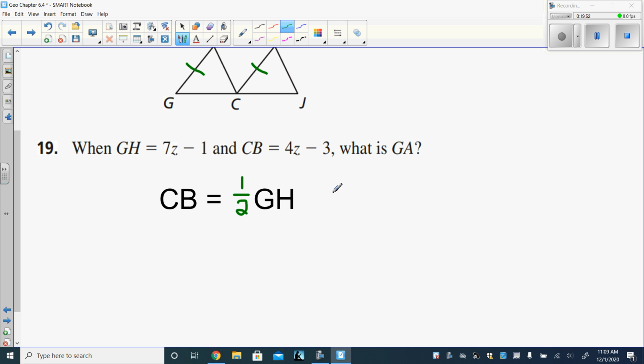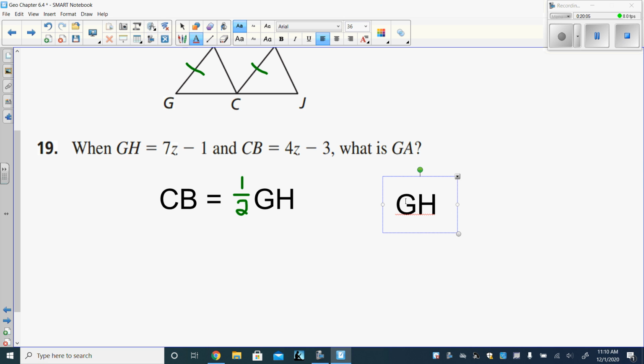Or that GH is equal to twice GB, or CB. So we do have that this is true. But we also have that GH is equal to 2 times CB. It's twice the length of CB.